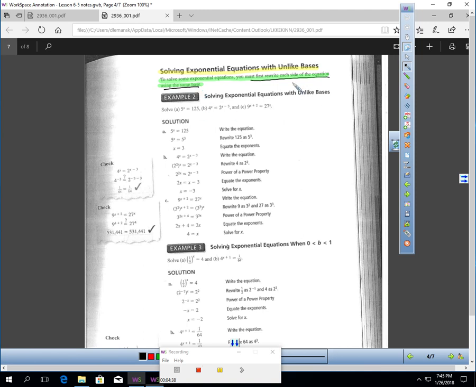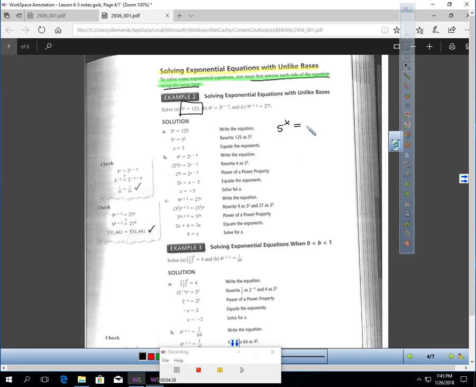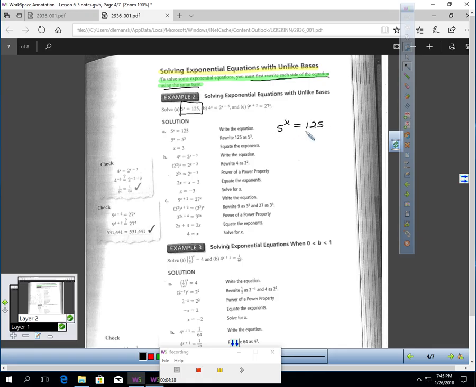So this takes us back to an earlier lesson, lesson 2, where we worked with roots and powers and radicals a little bit. Okay, so let's look at this problem. I have 5 to the x power equals 125. Now, these bases aren't the same. But 125 is the same as 5 to the third power.